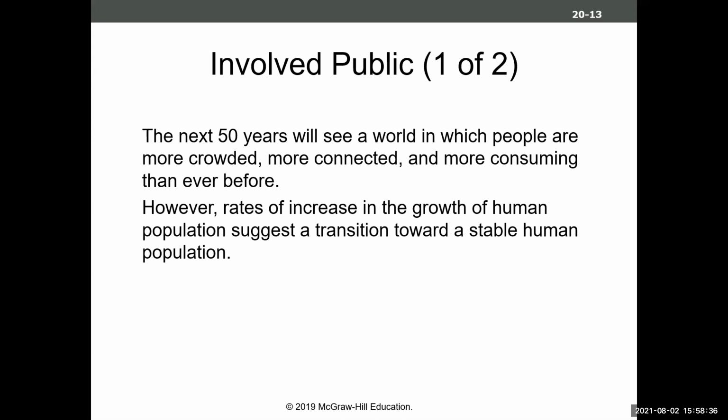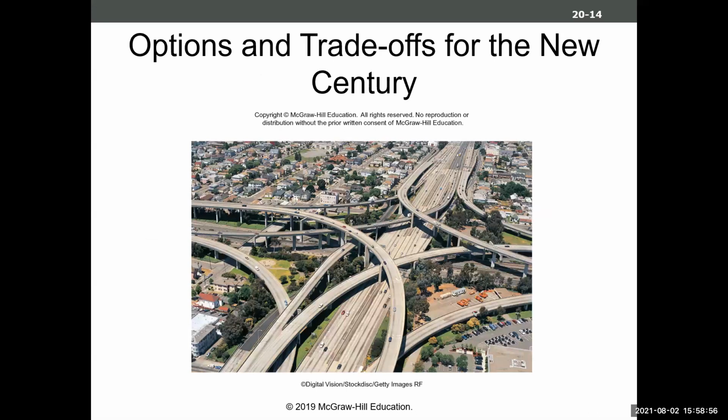In the next 50 years, we'll see a world where we're more crowded, living closer together, consuming more resources, more connected than we've ever been before. And so having a good public understanding will only help that situation. And so we really need to try to get that down if we want to be successful in the future.